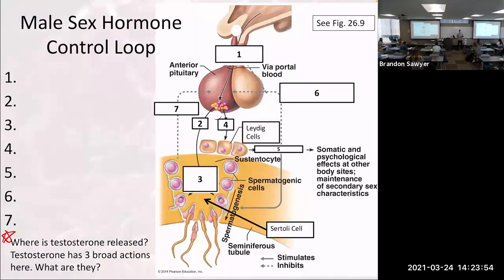All right, so you're just sending in a number on your app there for that first question, where is testosterone released? If you guys are just coming back on Zoom from your breakout rooms, make sure you send in your answer there.